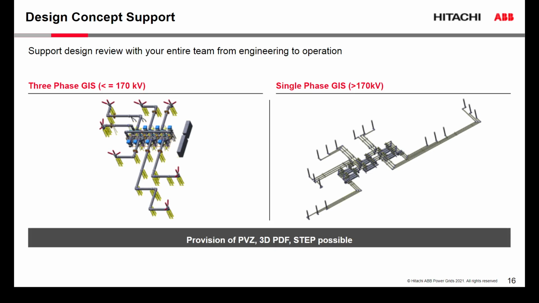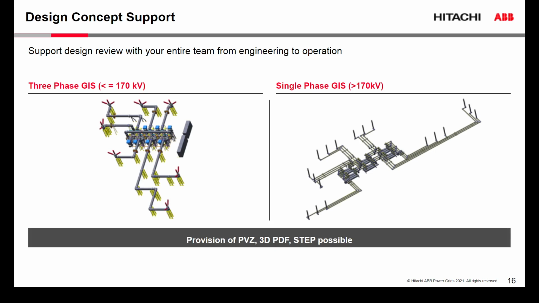How do my interconnections look to the transformers, to the overhead lines? These 3D layouts are available in pretty much every possible design with PVC, step files, 3D PDF, which allow you to do these reviews, even if you do not have the latest AutoCAD drawings available on your computer.